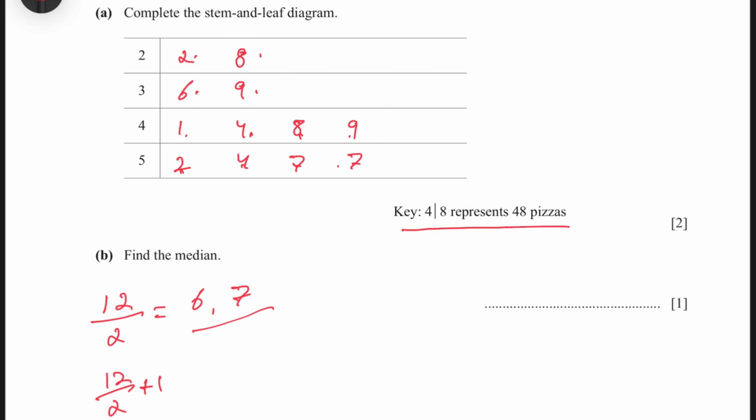What is the 6th and 7th term? 1, 2, 3, 4, 5, 6. The 6th and 7th terms are 44 plus 48, divided by 2. 44 plus 48 is 92, and 92 divided by 2 is 46. So the median is 46.